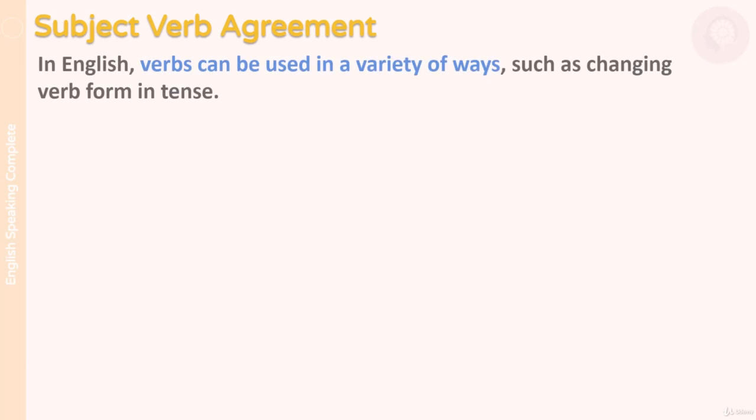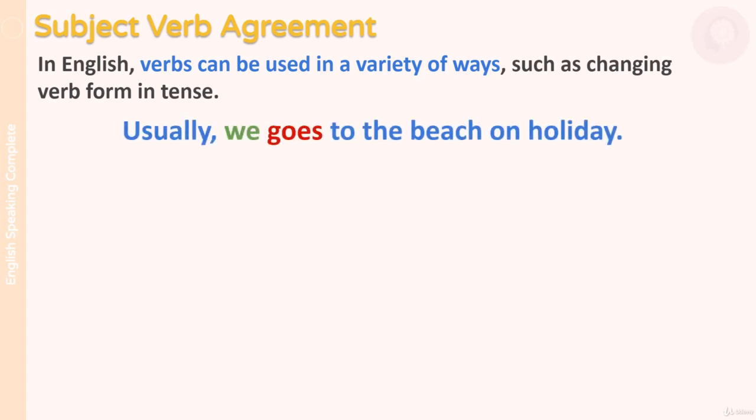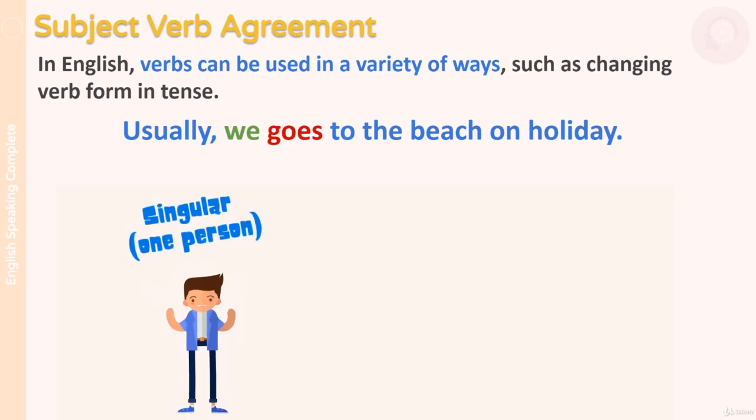In English and a lot of other languages, verbs can be used in a variety of ways and forms, such as changing verb form in tense, as we've looked at already. So, when we think about subject and verb agreement, we can also think of it as being singular and plural subject and verb.